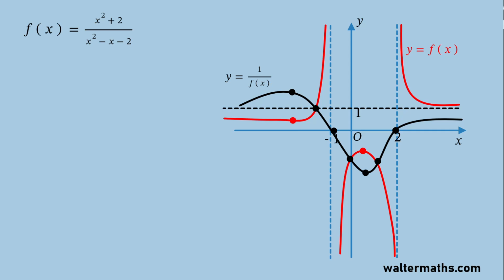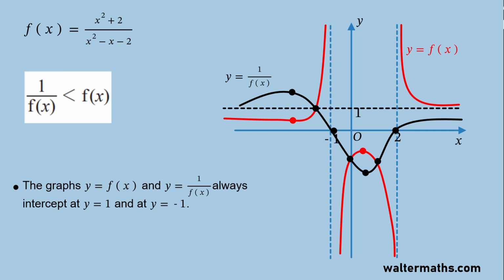Now, in order for us to solve the inequality 1 over f of x is less than f of x, we have to first figure out what the intercepts between the 2 graphs are, especially the x values of those intercepts. So remember, we say the 2 graphs intercept where y is equal to 1 and where y is equal to minus 1.